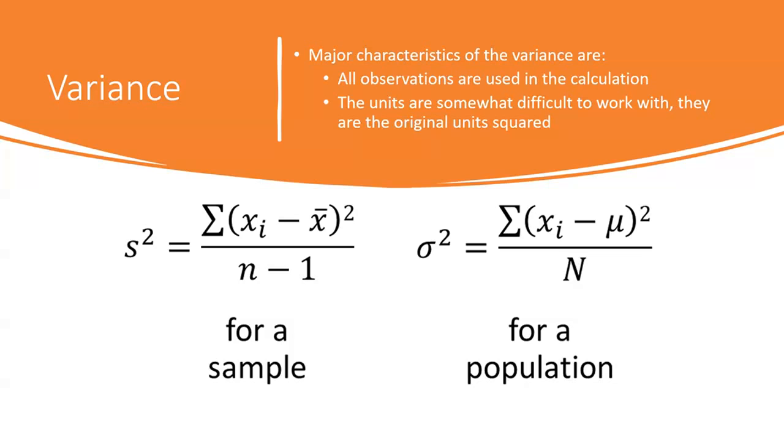And if it's for a population, you'll use capital N. And that's going to be based on whether or not you need to have a certain number of degrees of freedom based on the statistical inferences that you plan on making. And so basically it's the average of how far away each observation is from the mean.